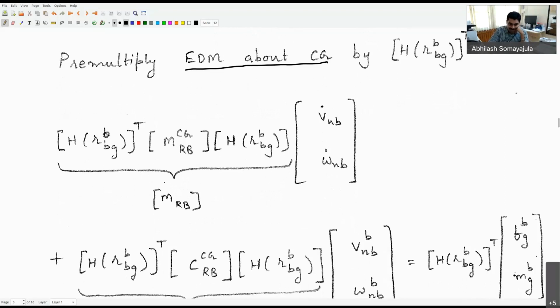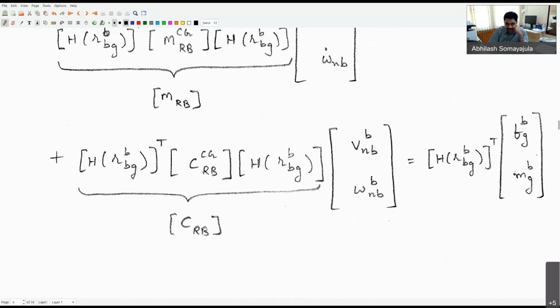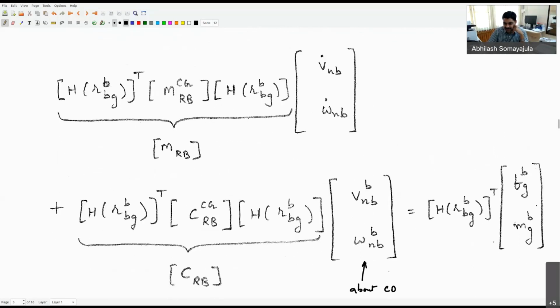Now, similarly, I'm going to do the second term as well. I have H transpose times the CRB times CG. This is what existed previously, multiplied by the velocity vector. So instead of the velocity vector about the center of gravity, I write it as H times the velocity vector about the body fixed frame's origin, CO. On the right hand side, I simply have H transpose times the forces about the center of gravity.